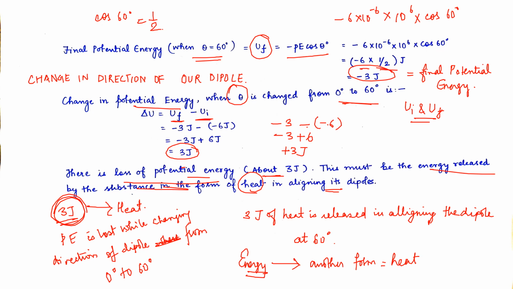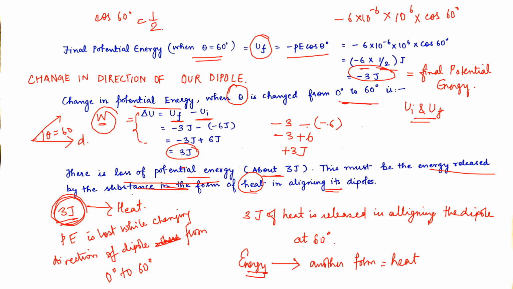This is all you have to read, then you have to understand. Here we have seen the change in potential energy. What does the change in potential energy imply in simple terms? It is the work done in making this dipole go to 60 degrees. This work done is the change between the final and initial potential energies.